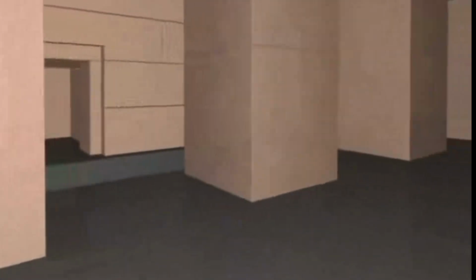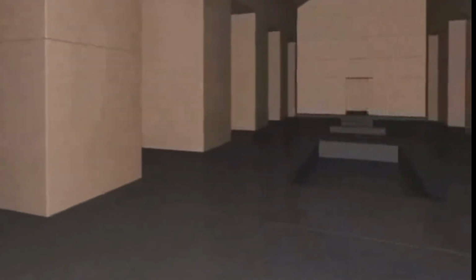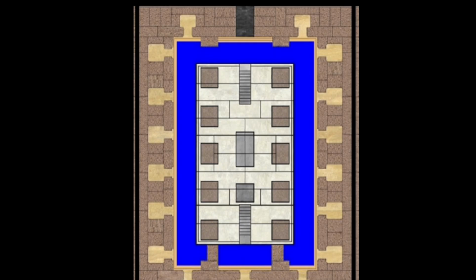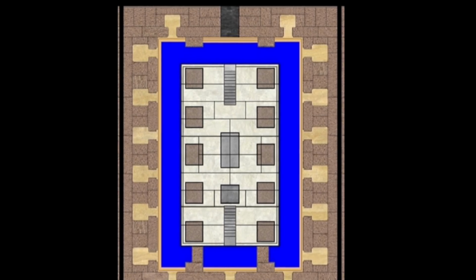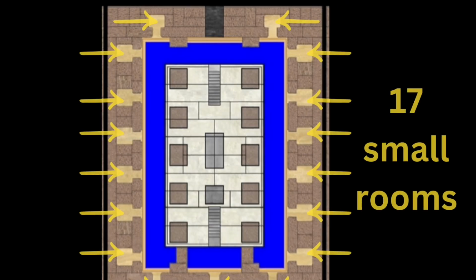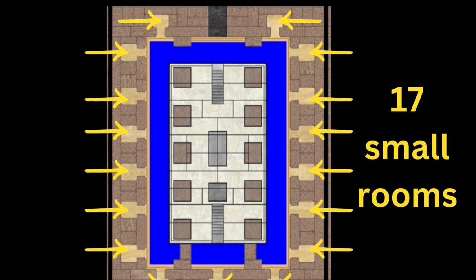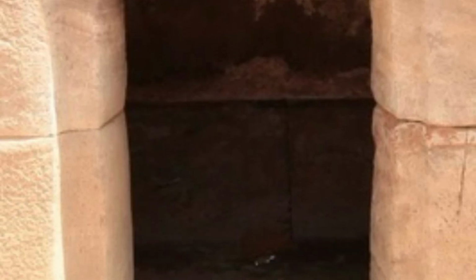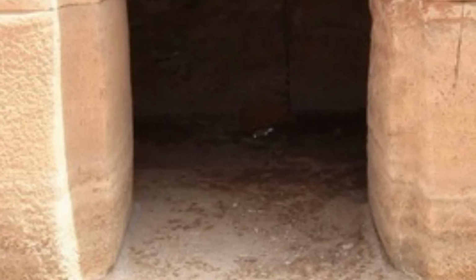There are a lot of them, 17 to be precise. So you've got the central island with all the big heavy pillars, and then beyond the water, which surrounds the island, you've got the 17 small rooms sunk into the outer walls. So what's so unusual about the doorways to these little rooms?